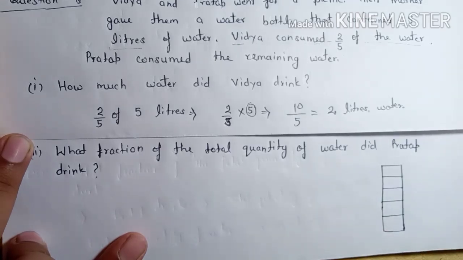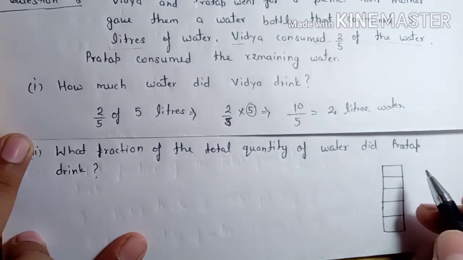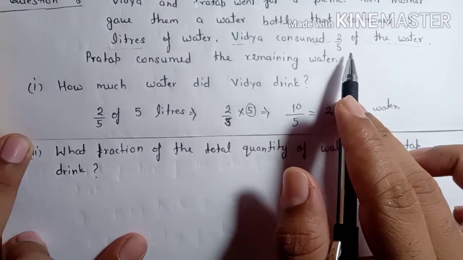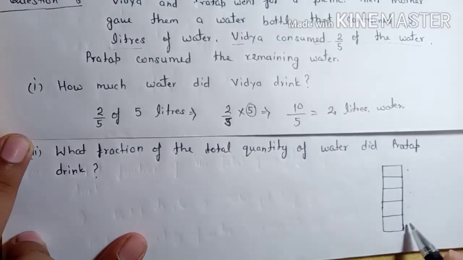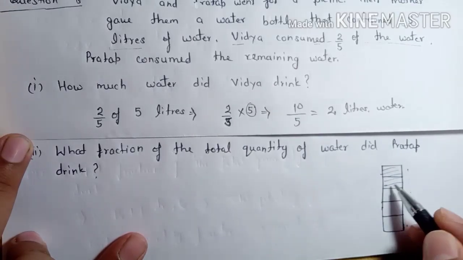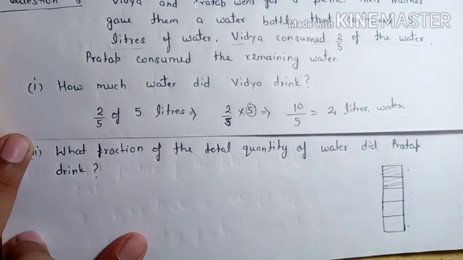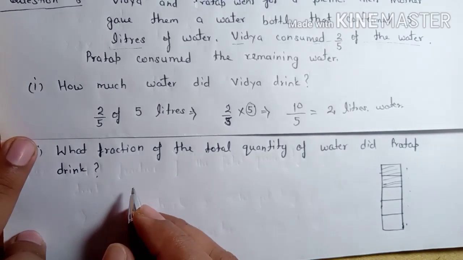There is 5 liters of water, and 2 upon 5 of water is consumed by Vidya. So this is what? 1 2 3 4 5, and out of these 2 is consumed by Vidya. Okay, so rest is for Pratap here.